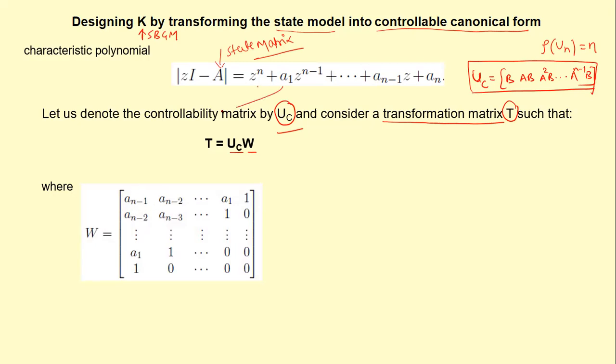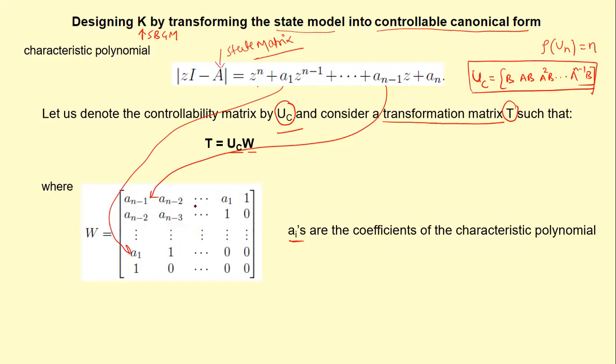You can see here we have the coefficients of the characteristic polynomial. All these elements of matrix W, the weight matrix, are the coefficients of the characteristic polynomial, right?